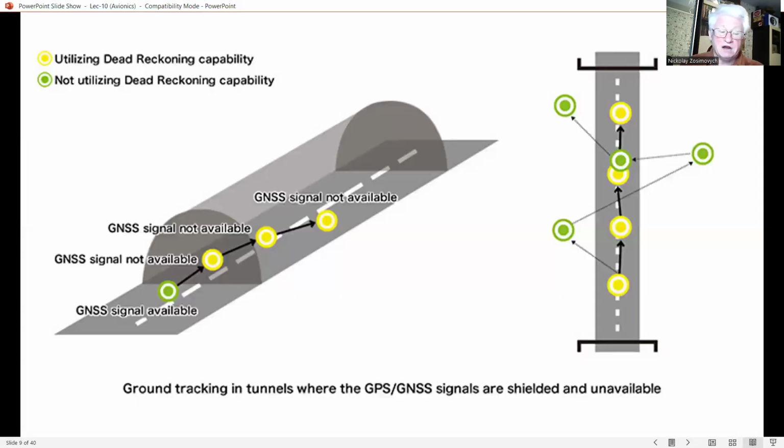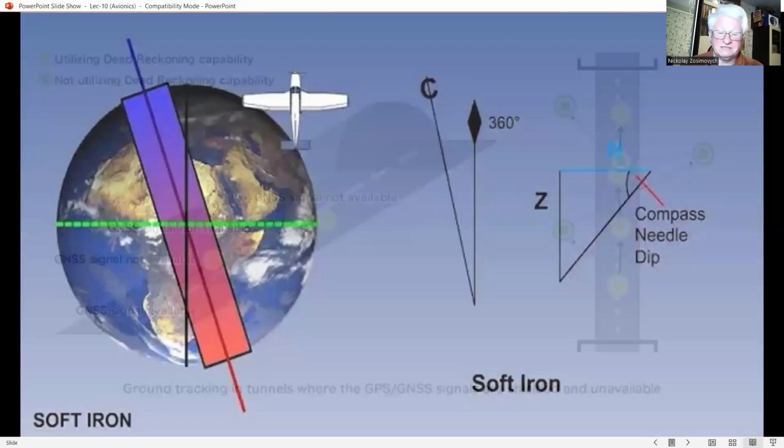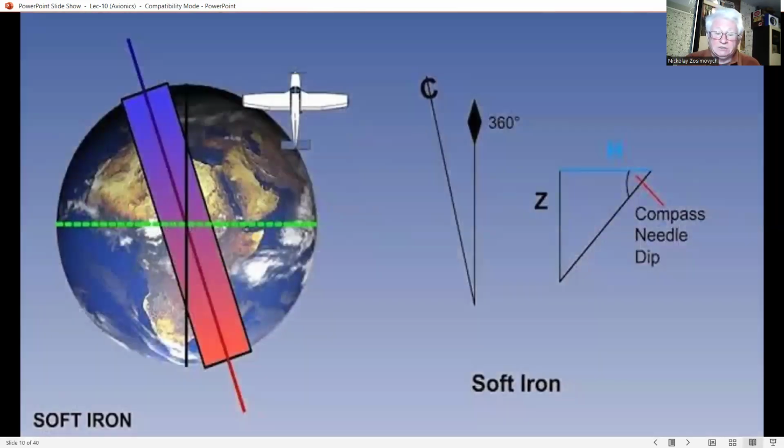The primary DR navigation system, which is also the primary source of very accurate attitude and heading information, is the inertial navigation system, or INS. The inertial reference system, IRS, is also used in civil aircraft.